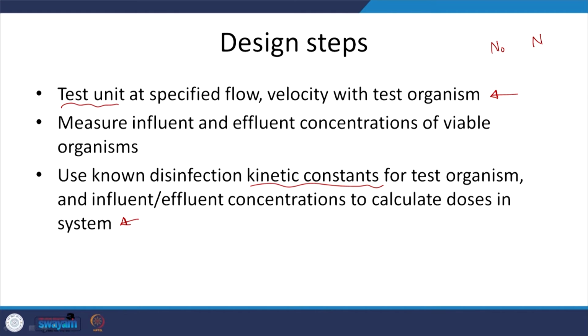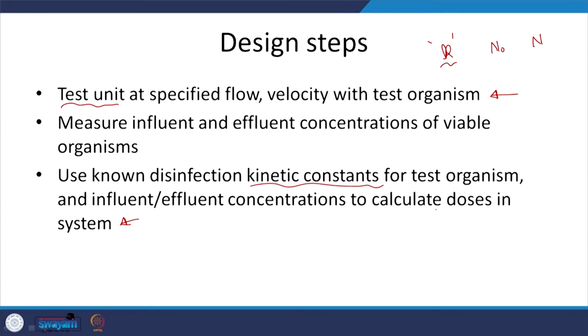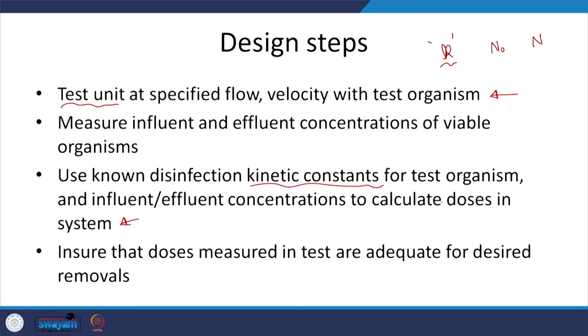And if you can find the rate constants where the disinfectant will degrade or kill these pathogens, you can more or less come up with a model to calculate the dose in the system. We have to ensure that the doses measured in the test are adequate for desired removals. So some safety factor and such, but that goes into the design.